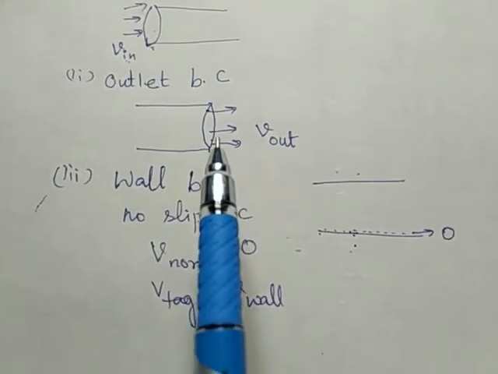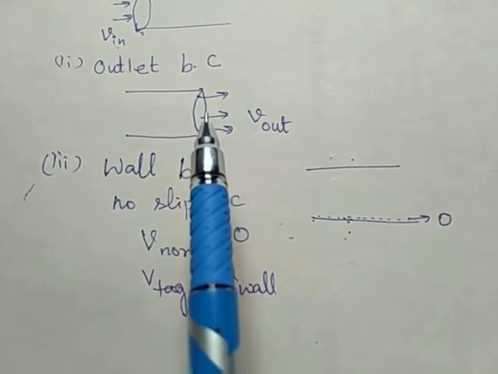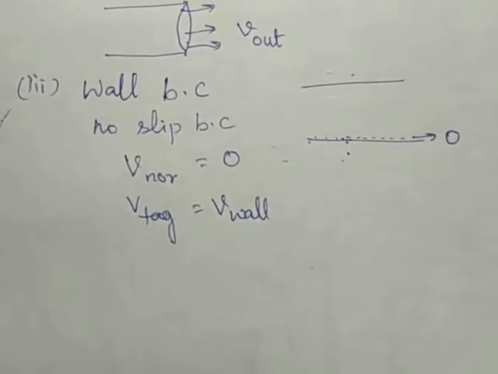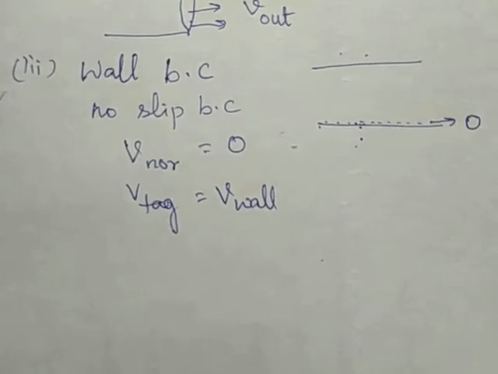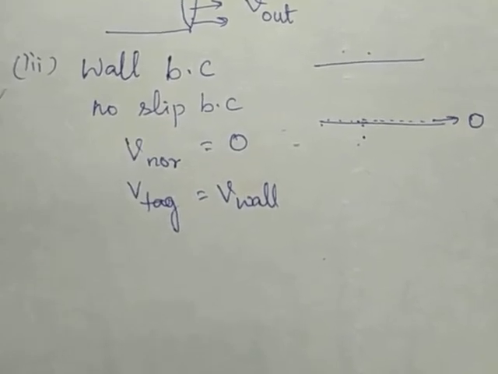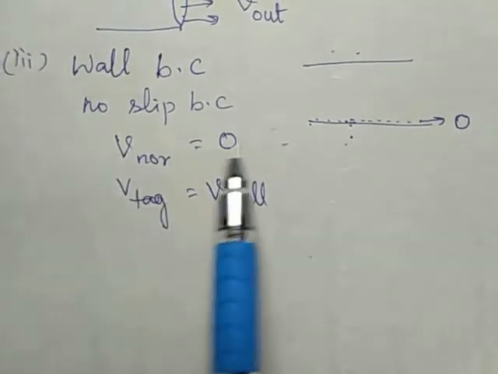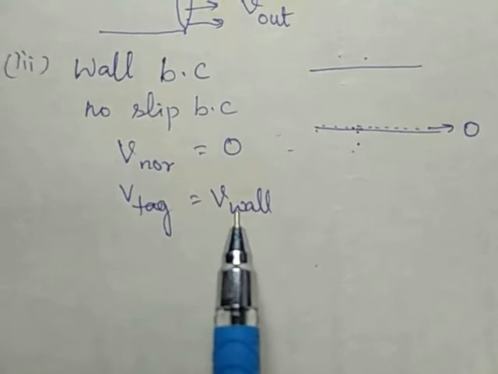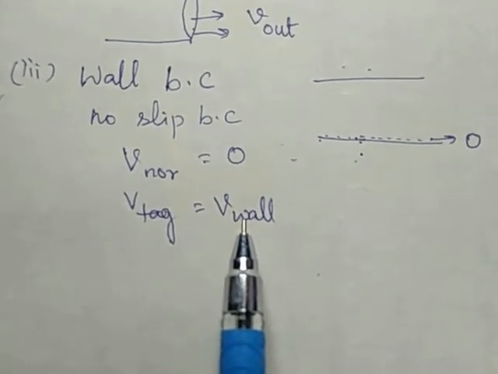If we define the flow variables at the outlet of the flow, then it is known as outlet boundary condition. The last one is wall boundary condition, also known as no slip condition. In wall boundary condition, velocity normal to the flow is 0, and velocity tangential to the flow is the same as the velocity of the wall.